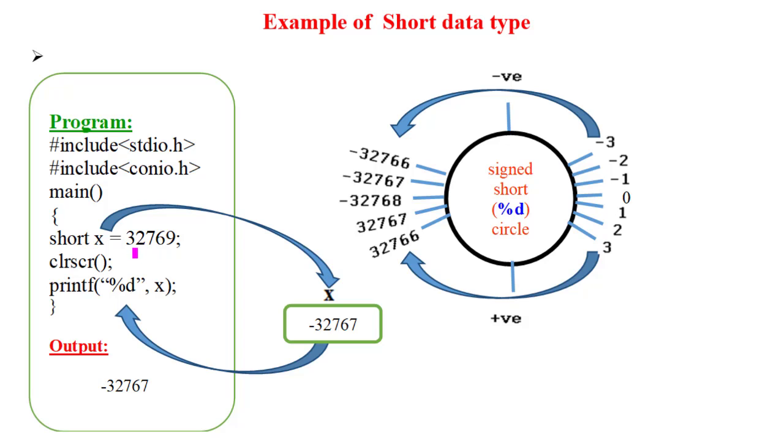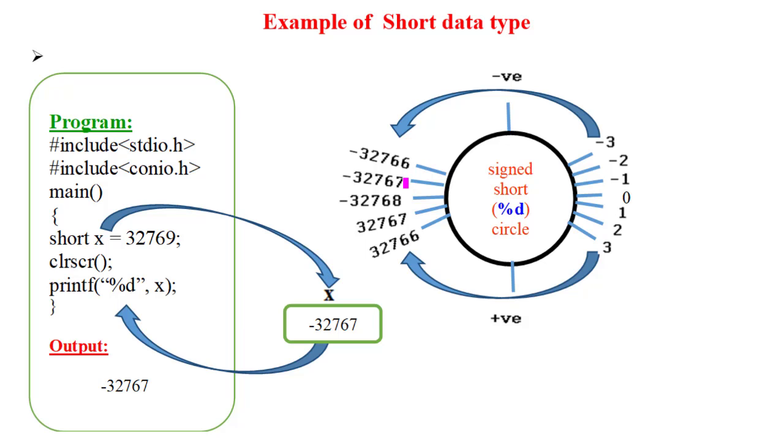So here the value is 32,769. Where is that value? This is 32,766, 32,767. So this will be 32,768 and this will be 32,769.